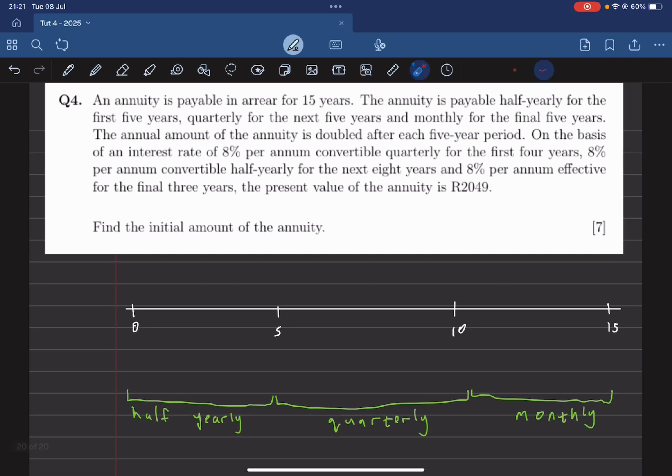And now we get to some interest rates. So on the basis of an interest rate of 8%, convertible quarterly for the first 4 years. So let's mark that 4. And from here to here, we have that interest rate convertible quarterly is 8%. And then it says for the next 8 years, it's 8% as well.